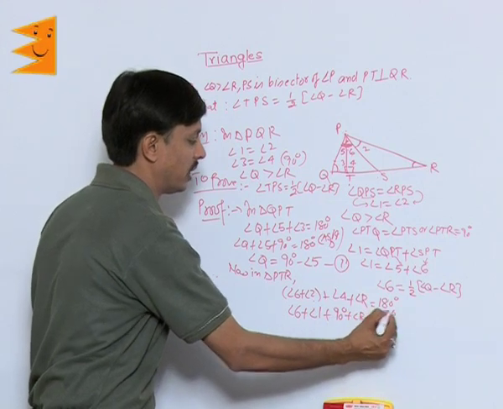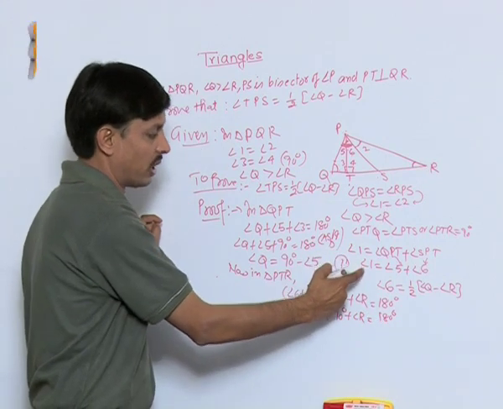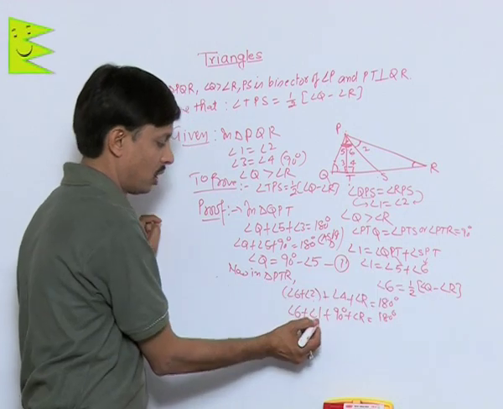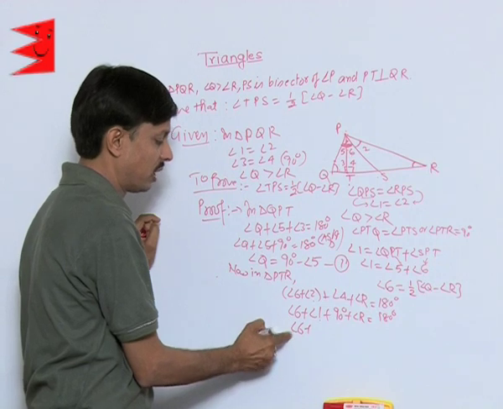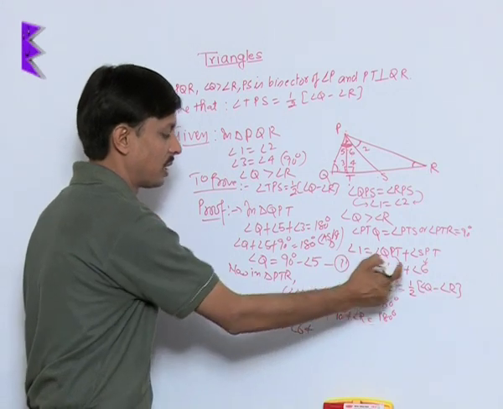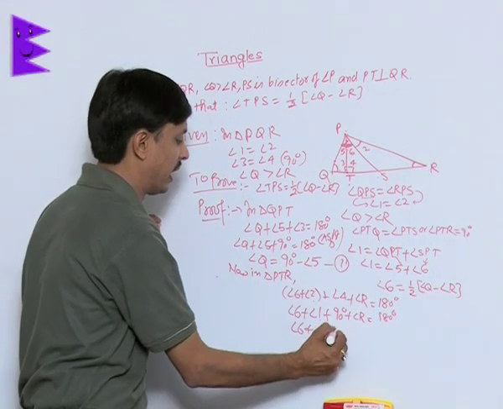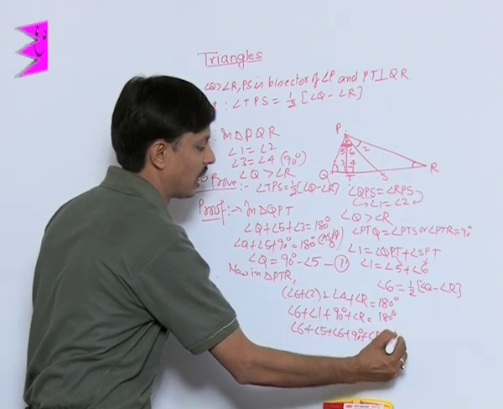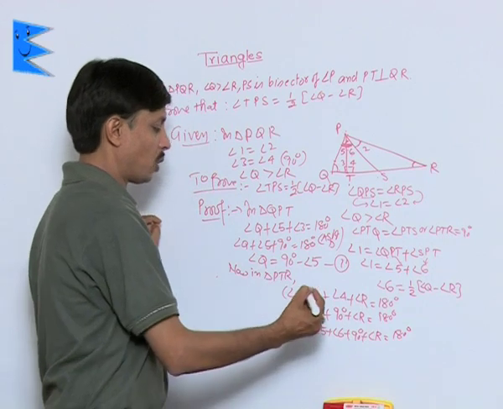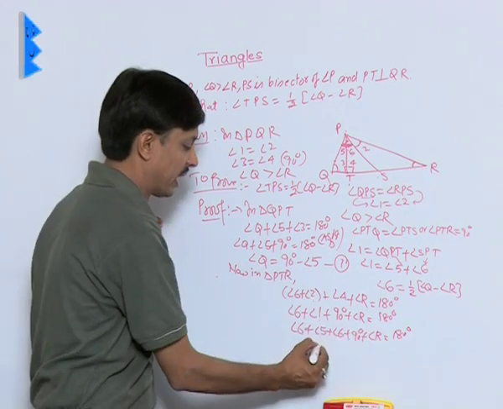But you know well that 1 is the combination of 5 and 6. So in place of 1, I can say 1 is the sum of 5 and 6. So it is angle 5 plus angle 6 plus 90 degrees plus angle R is equal to 180 degrees. So with this conclusion, what can I say?